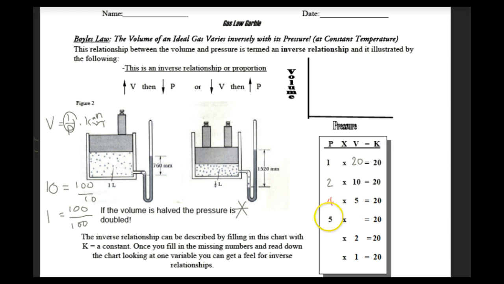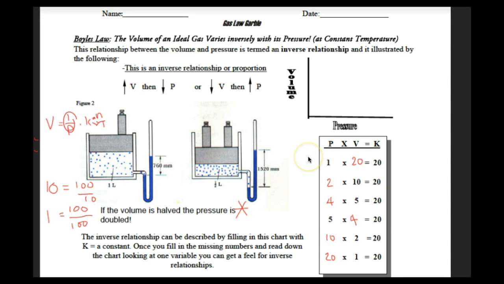So when the pressure goes up, the volume now can go down. And as we continue along, 10 times 2 will give you 20, and 20 times 1 will give you 20. So you can see that the relationship between these numbers is inversely proportional.